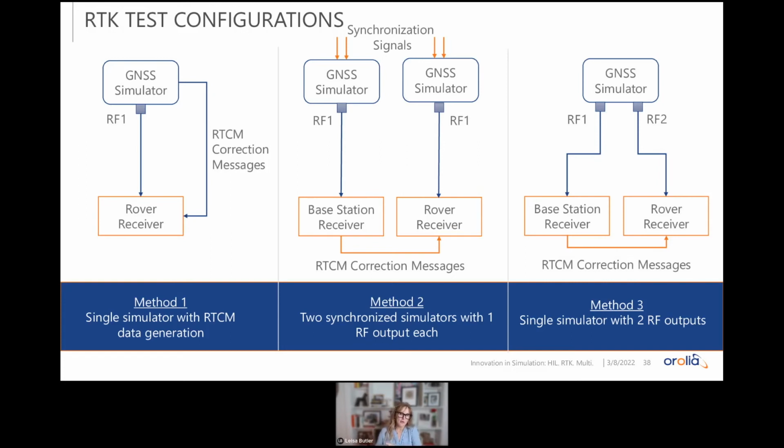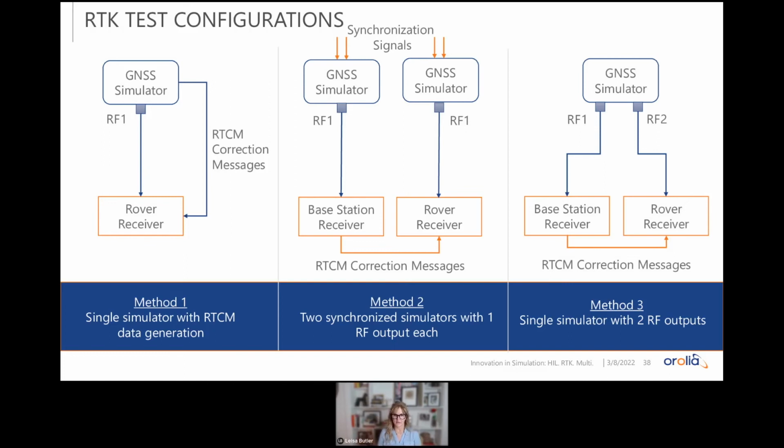Method 3 is if you have a simulator, like the Skydel simulator we've been talking about, that can send multiple trajectories or has multiple RF outputs from one simulator. In that case, you could have the simulator send the RF to the base station, the same simulator send the RF to the rover, and then receive the RTCM messages from the base station.